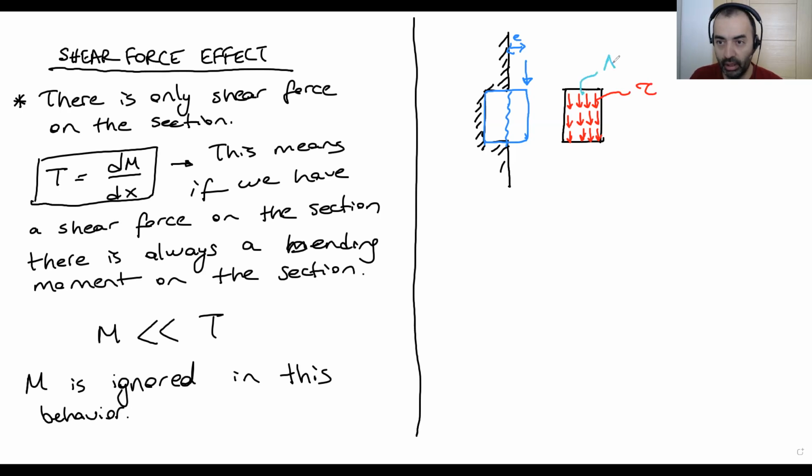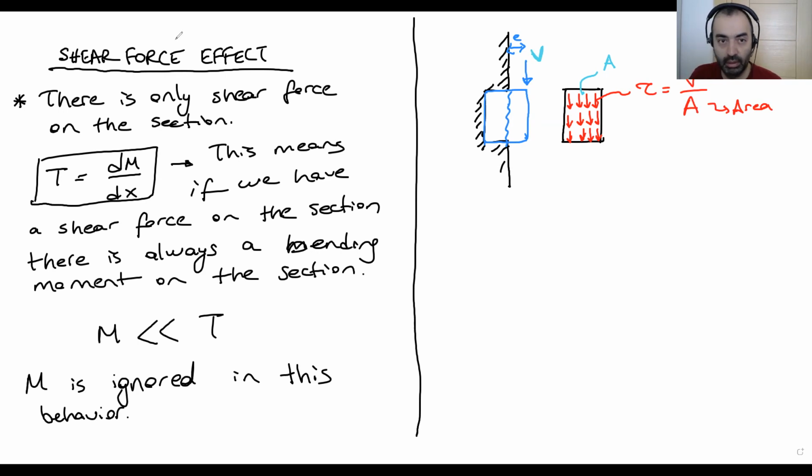And we have here an area. If we say the force is V, tau equals V over A. The logic is the same. This is force. This is area. It's almost the same as the axial force.